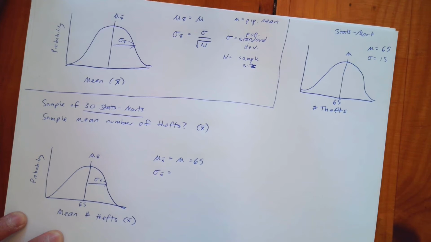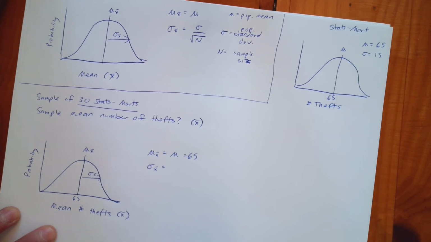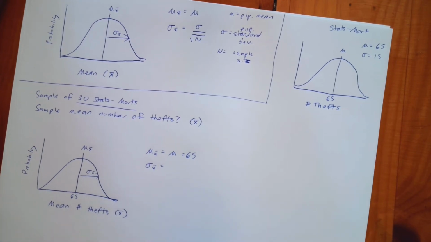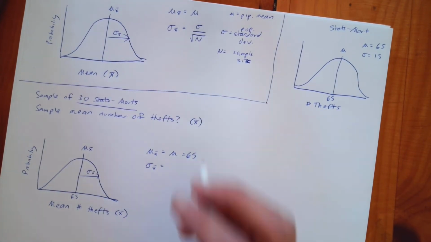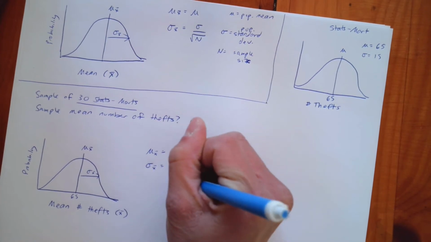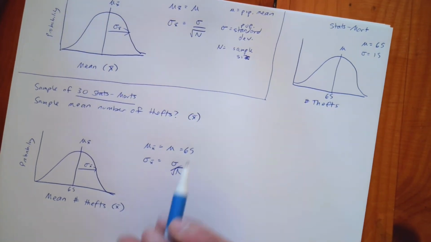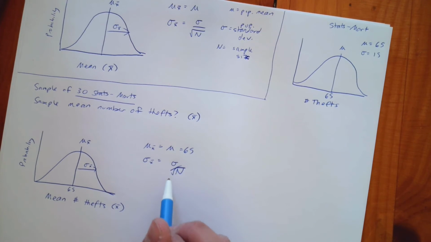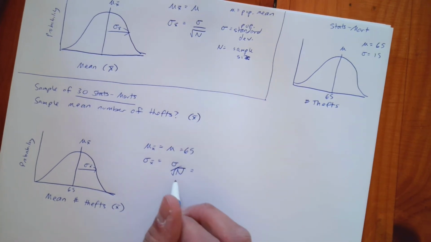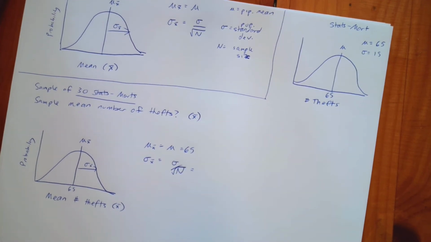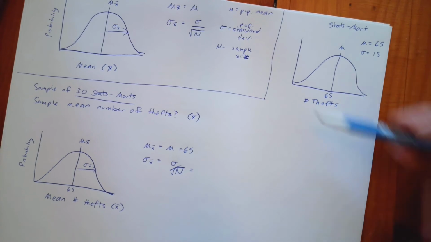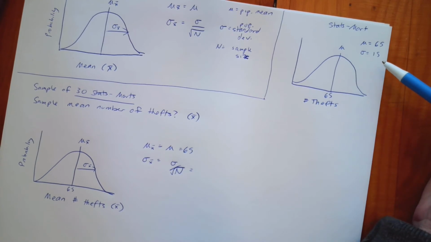To calculate the standard error, we need to use the standard error formula. Our standard error is given by our population standard deviation divided by the square root of n, or the sample size. Here we're just going to look at our population probability distribution again.